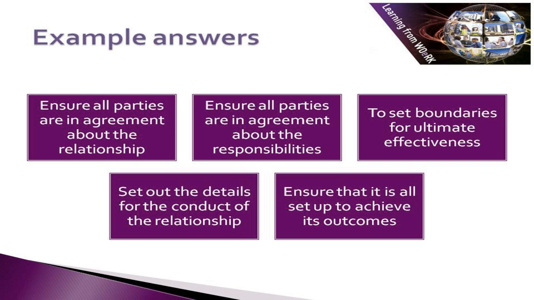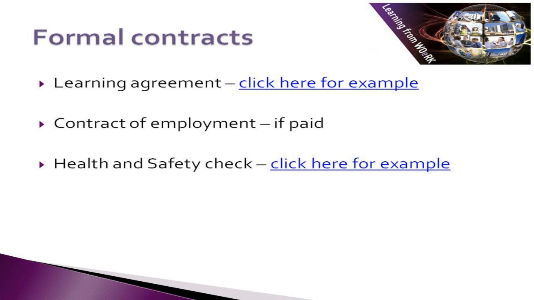And lastly, to make sure that everything is considered and set up at the beginning so everyone's outcomes can be achieved. Here are some of the formal contracting that will be important to take into account. There's the learning agreement, the contract of employment if they're paid, and the health and safety check.